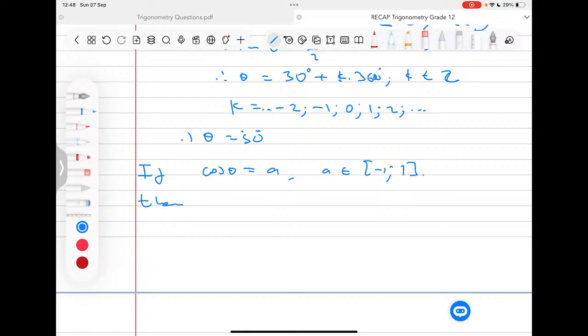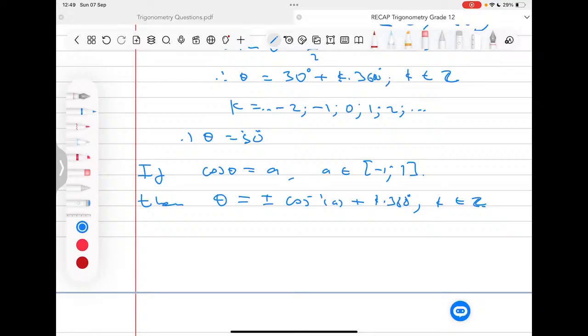If this is the case, then you will have theta equal to plus or minus the cos inverse of a, plus k 360 degrees, where k is an element of integers.